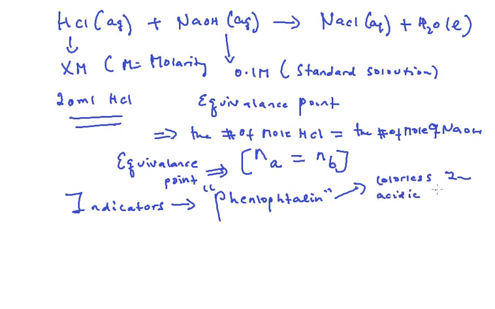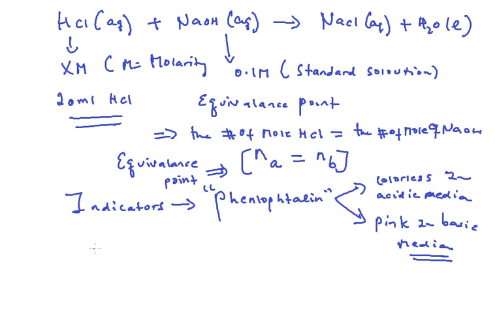If you put a drop of phenolphthalein in acidic solution, you don't see any color. In a basic media, it provides you a pink color. So if you have a dark pink color, you have more alkaline solution. If you have a colorless solution when you do a titration, that is going to be acidic solution.